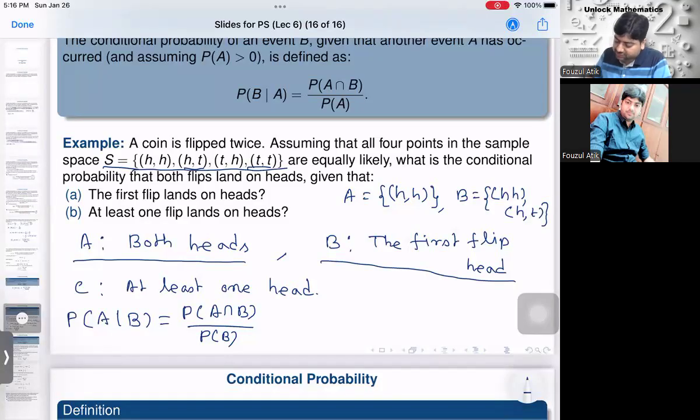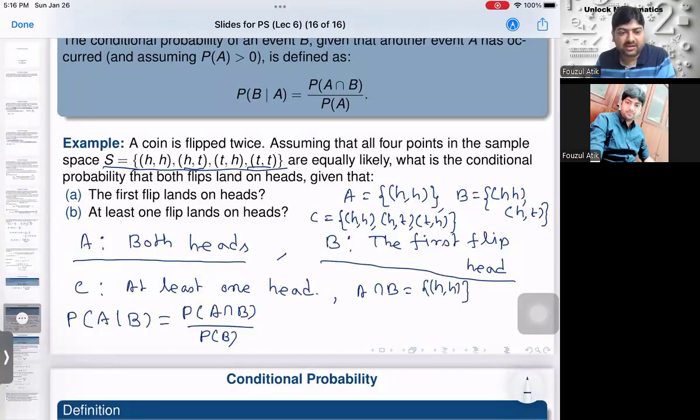And C is at least one head. So C has three outcomes, HH, HT and TH. Clear? Now what is A intersection B? It is HH.